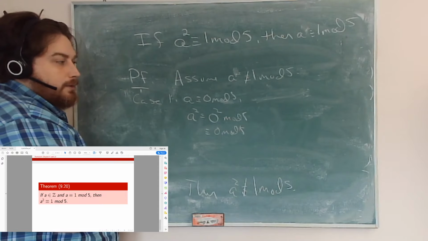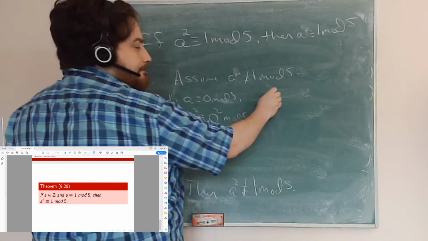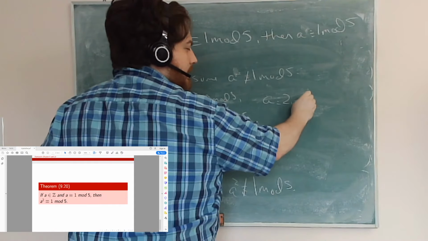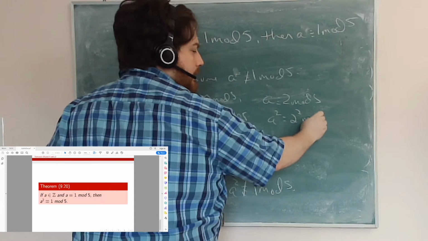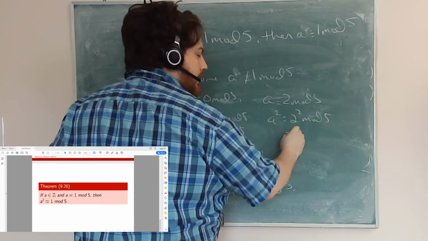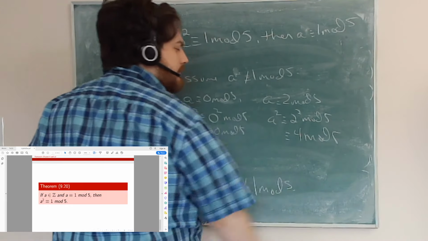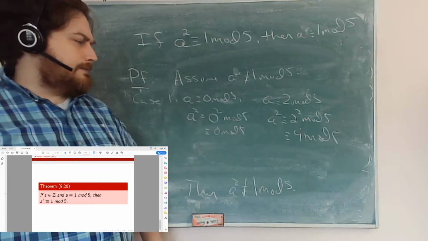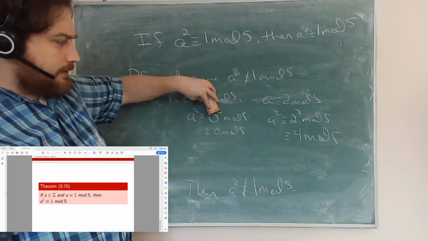If I work with 2, then A squared is 2 squared mod 5, which is just 4 mod 5. I'm just going to substitute it in because I'm going to run out of room.